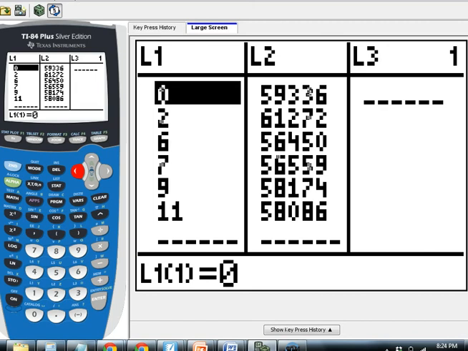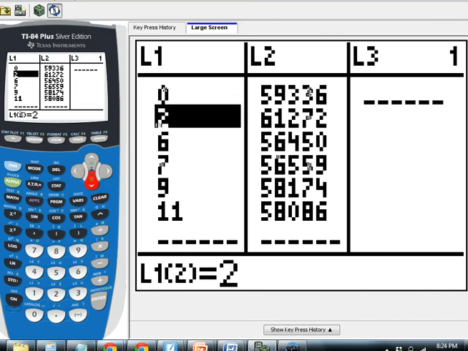I've entered those values in for our x-coordinates, and I've entered our y-coordinates being the number of graduates in each one of those years. Again, the year 0 stands for 1989, the year 2 stands for 1991, and so on. So again, we'll look at the linear regression now.